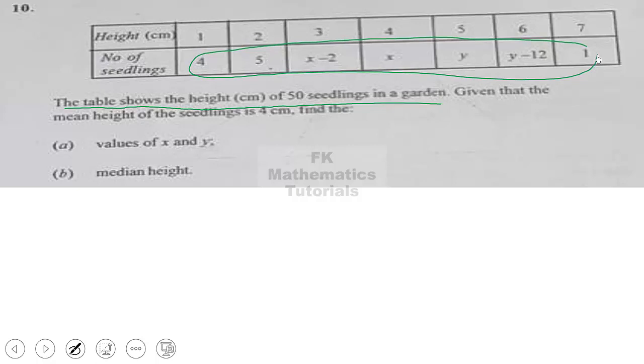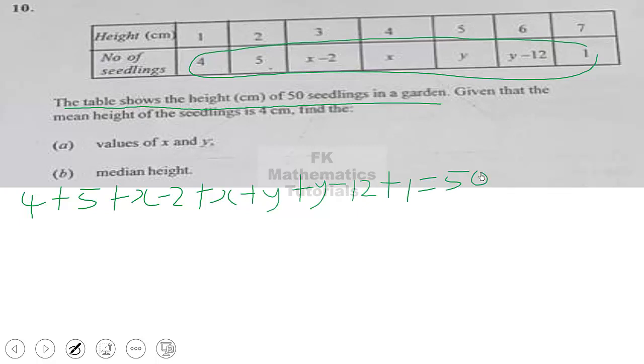So let's add. 4 plus 5 plus x minus 2 plus x plus y minus 12 plus 1 is equal to 50. So x plus x is 2x.